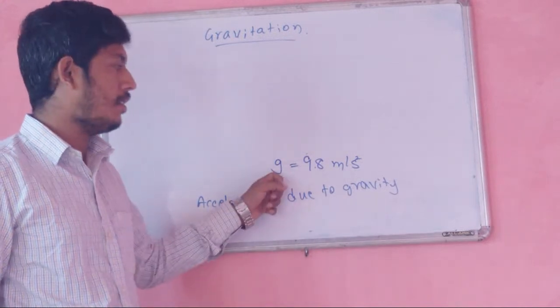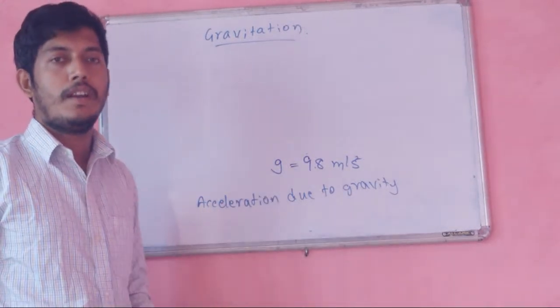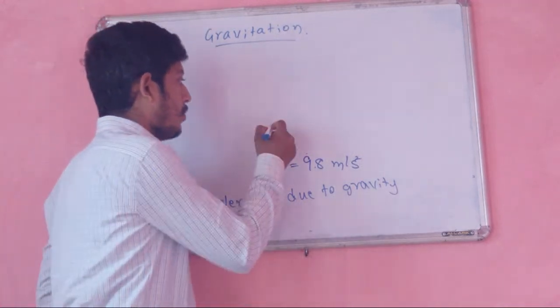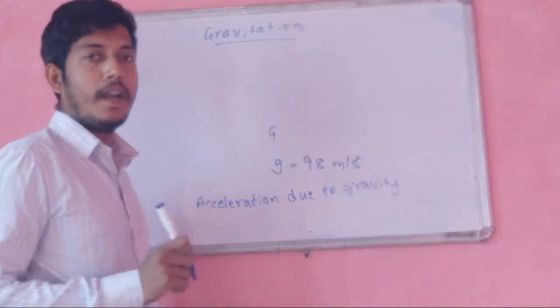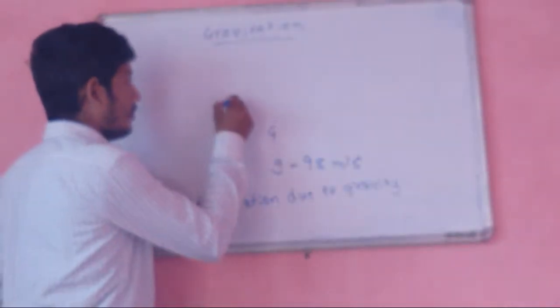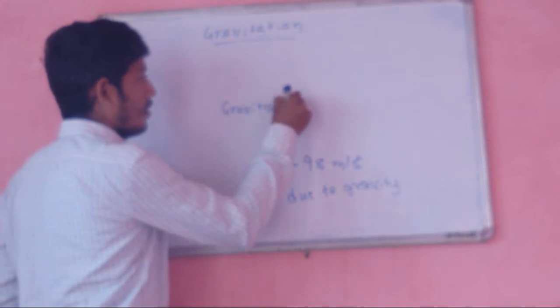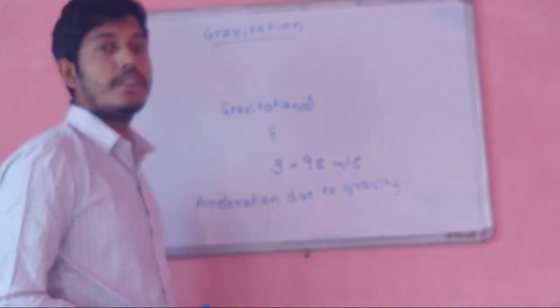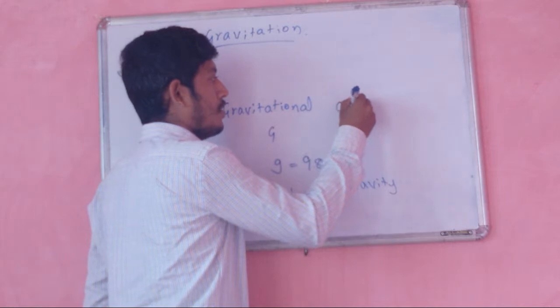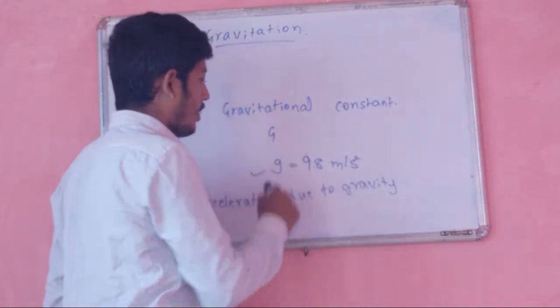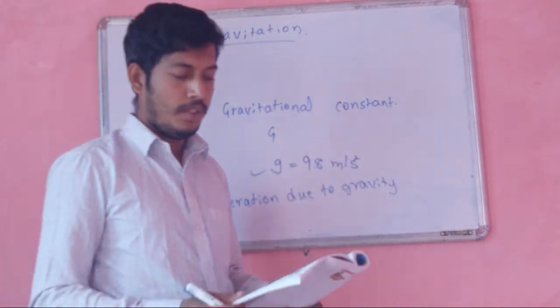And in this chapter we are having two g's. One is small g and another one is capital G. Capital G is known as gravitational constant. And small g is acceleration due to gravity.